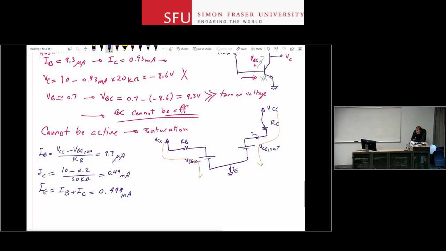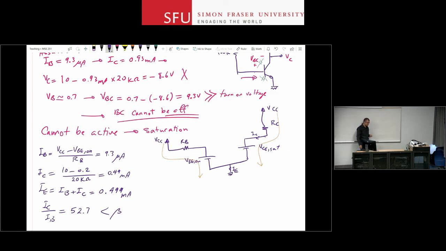If you calculate the ratio of IC and IB, and this is a takeaway, and this is one indicator of saturation region, the ratio is going to be 0.49 divided by 9.3, which is 52.7, which is less than the beta that was given to you for the active region of operation, right? So you calculate the ratio of collector and base current.